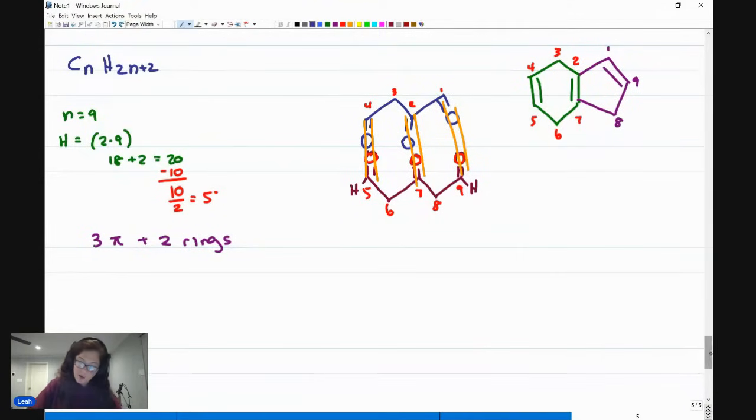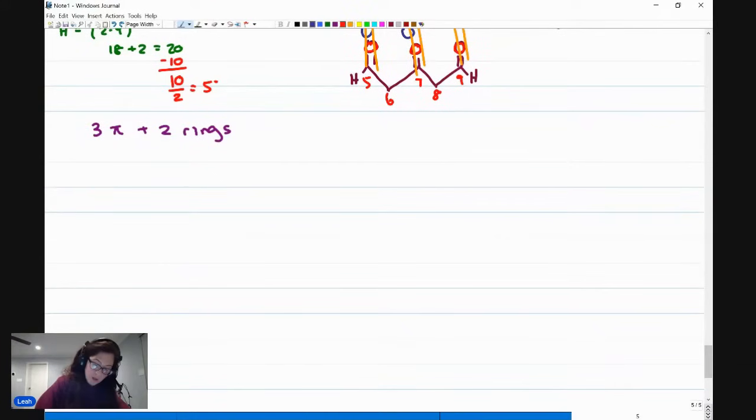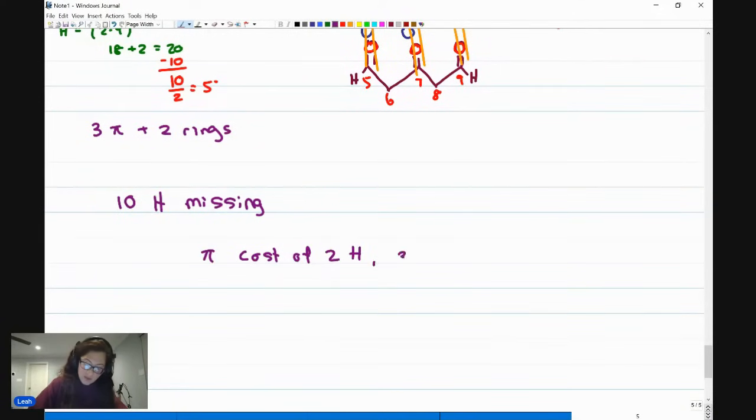Then I compare it to the formula that I got. I got a 10. So a fully saturated molecule would have 20 hydrogens. I only have 10. Where did the other 10 go? So we have 10 hydrogens missing. We know from looking at the products that I gave you that I have 3 pi bonds, and a pi bond has a cost of 2 hydrogens, and that means 3 pi bonds cost 6 hydrogens, but I am missing 10.